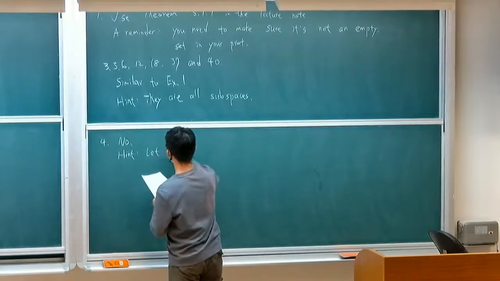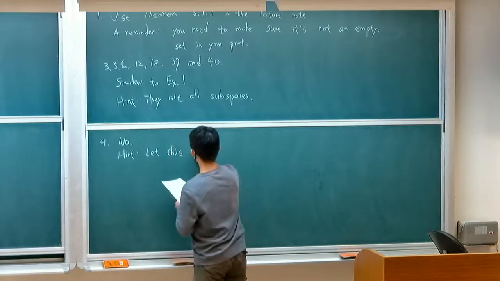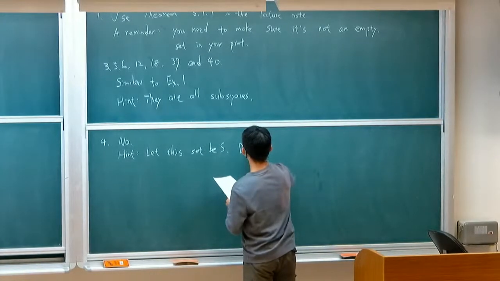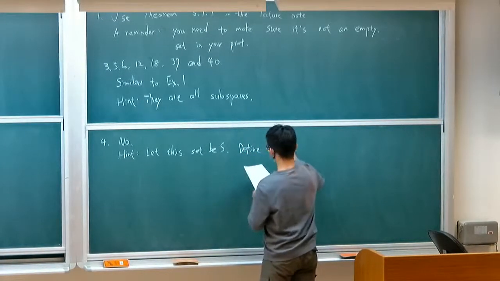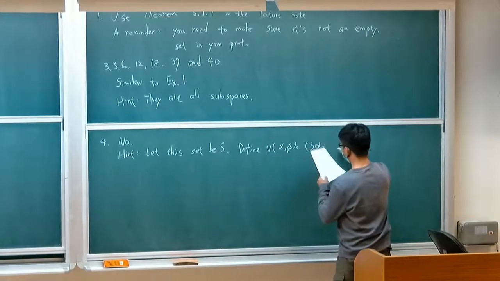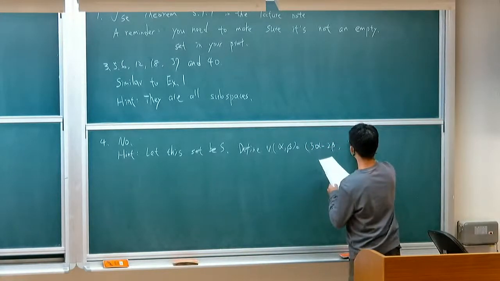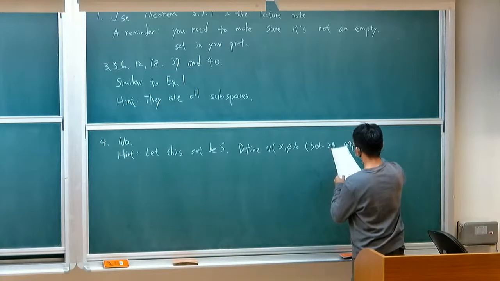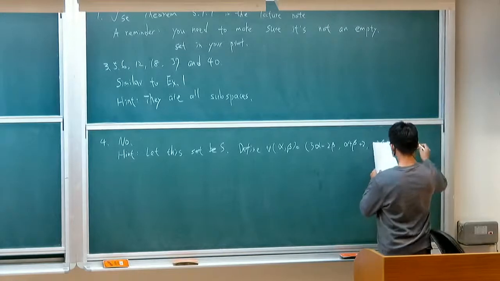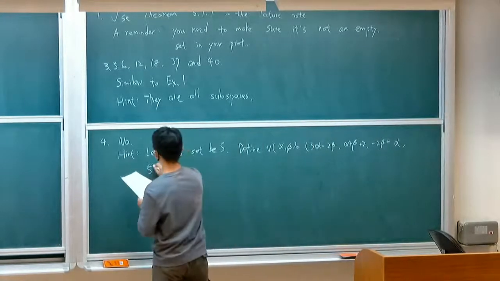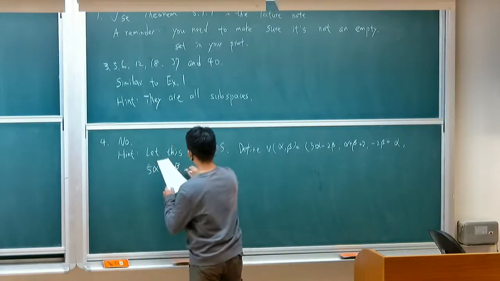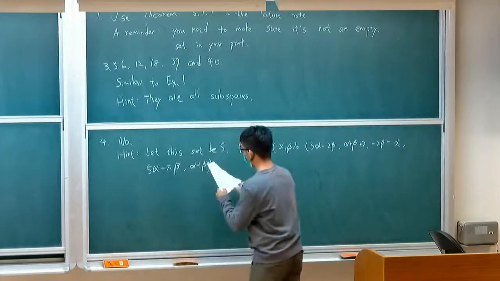First, we call this set S. Now we define V of alpha, beta as (3 alpha minus 2 beta, alpha plus beta plus 2, minus 2 beta plus alpha, 5 alpha plus pi beta, and alpha plus beta).